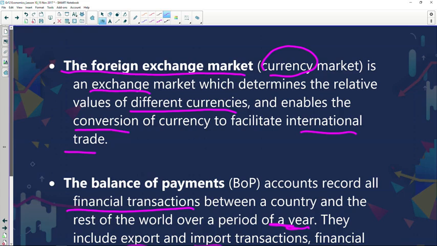Specialization has brought about the surplus issue for many countries, and therefore if they've got more than enough for their citizens, they can sell the surplus to other countries and use that as a form of income.